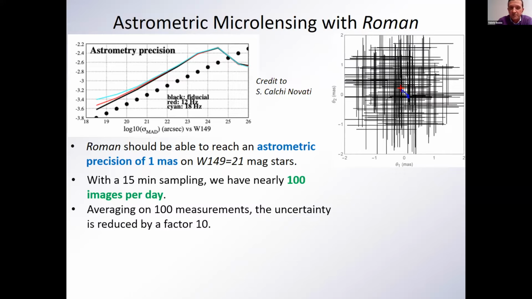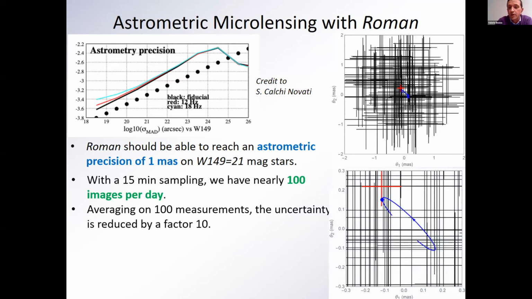As was shown by Chris before, by averaging over 100 measurements we can reduce the uncertainty by a factor of 10. If we take the average of all these measurements, we have a red cross like here. So we are detecting the centroid motion, taking advantage of the number of measurements.